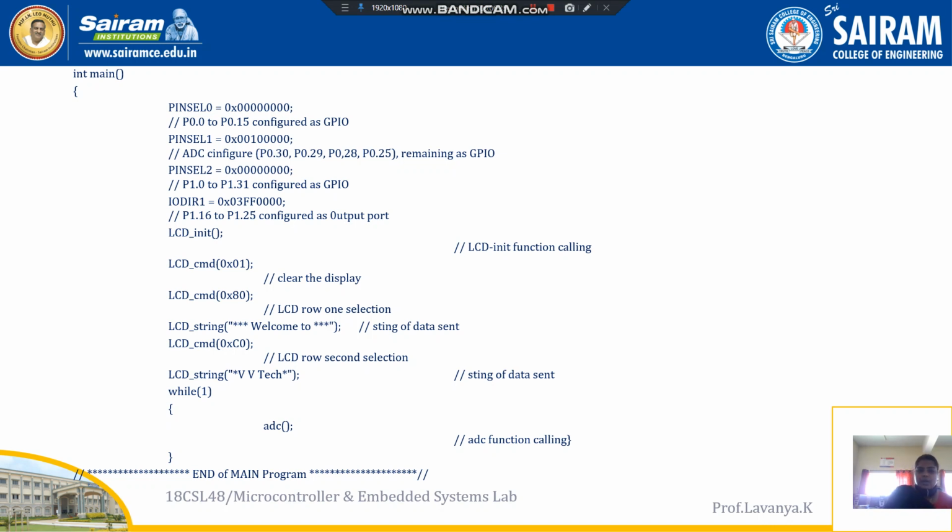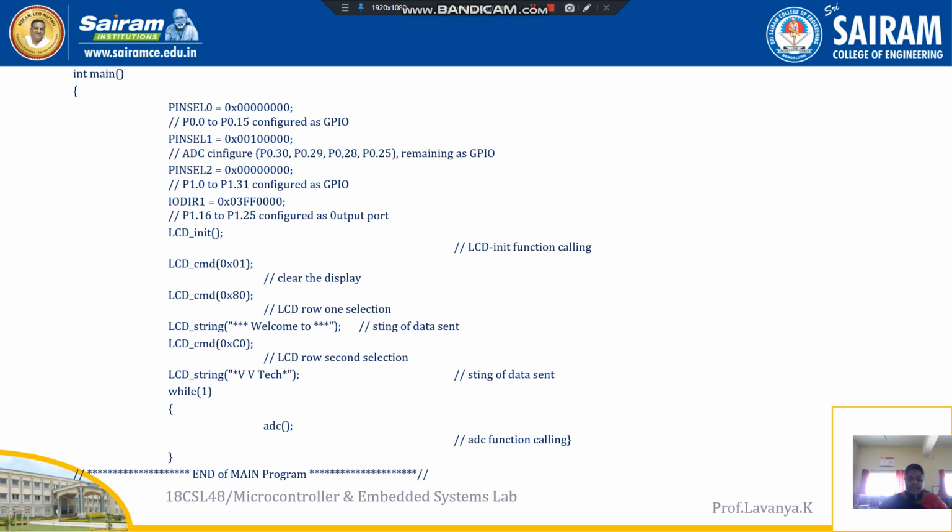Here you look at this: port number 30 and port number 29 are 00. When port number 28 is enabled, that is 1, it is going to display the output. So this is the main intention of this ADC.